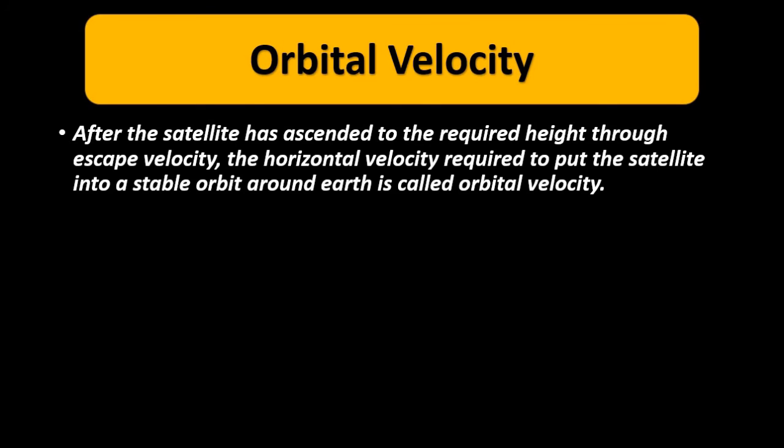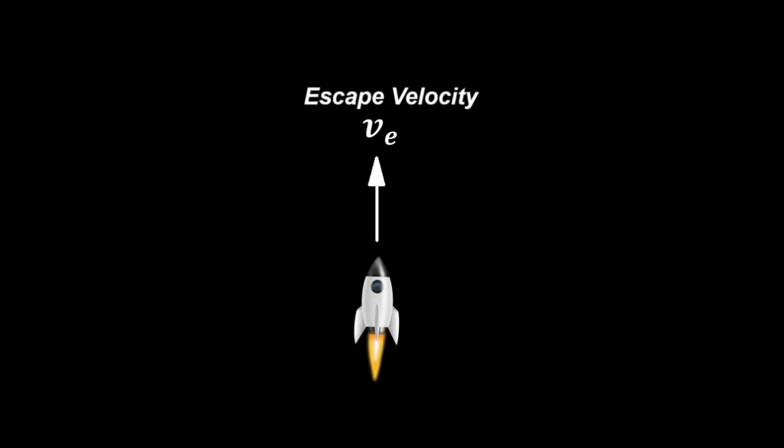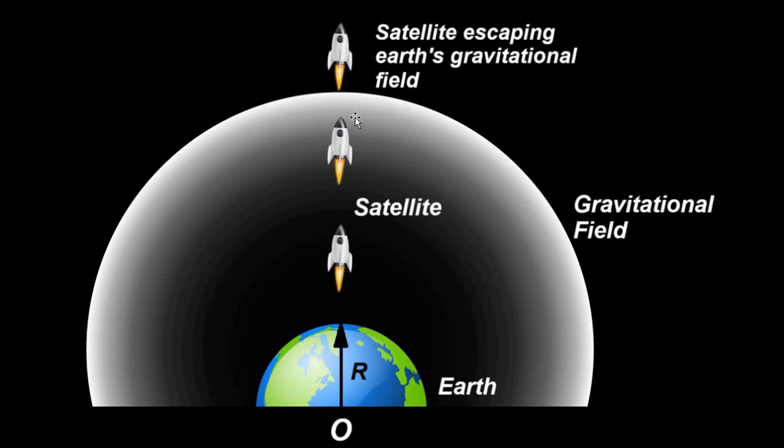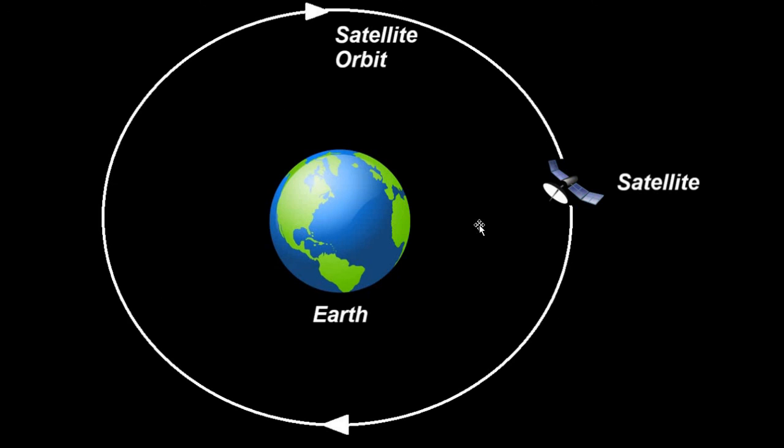Okay, so these are the two important things: the orbital velocity and the escape velocity. The escape velocity ensures that the rocket carrying the satellite escapes Earth's gravitational field, and the orbital velocity, the horizontal velocity, ensures that the satellite undergoes a parabolic trajectory, parabolic motion, and it orbits around the Earth in a fixed circular path at a certain separation distance.